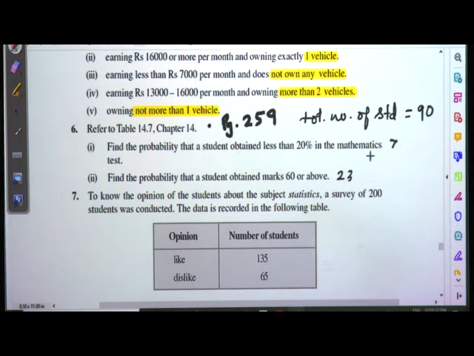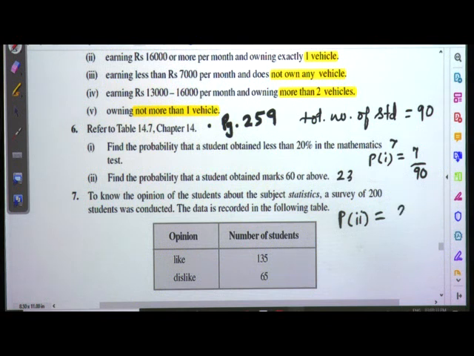The probability of the first is 7 upon 90. What is the first event? A student obtained less than 20%. Okay, so the probability is 7 upon 90. And what about the second one? Find the probability that a student obtained marks 60 or above.